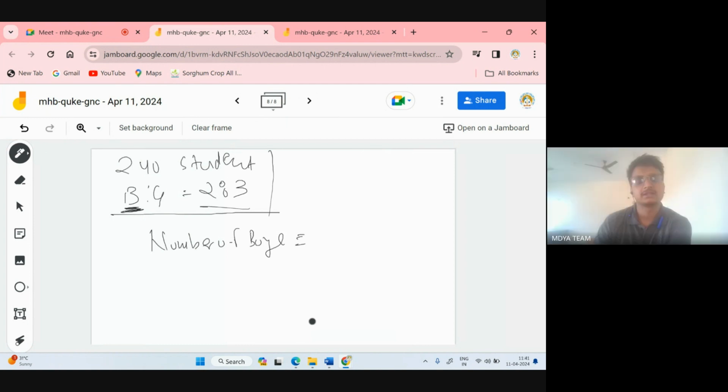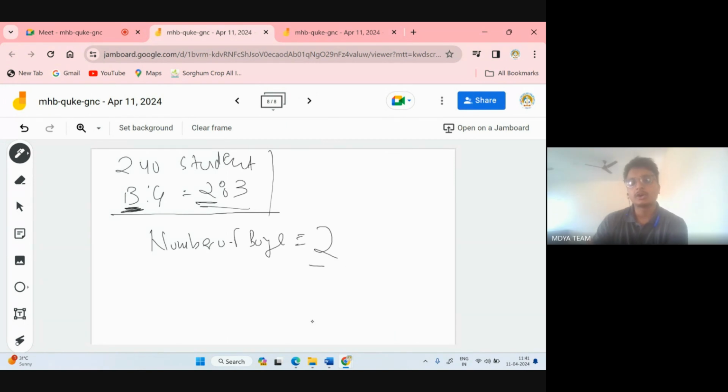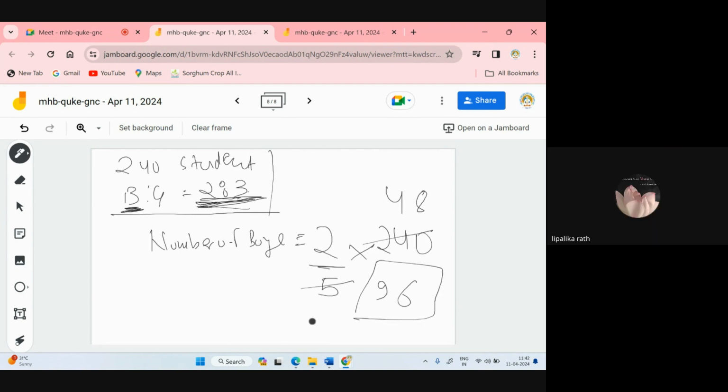Equivalent of boys is 2. Just write 2 here, upon the sum of the two numbers given in the ratio. So 2 and 3, that is 5. Multiply it by the total number of students. So it will be 96 boys.